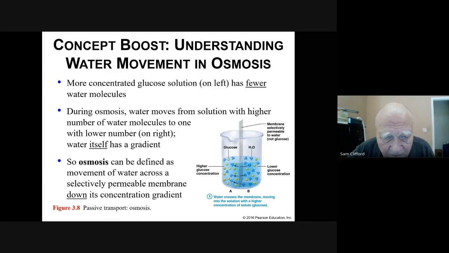So osmosis can be defined as the movement of water across a selectively permeable membrane down its concentration gradient. So the higher the concentration of water, it's going to move where there's less concentration of water.